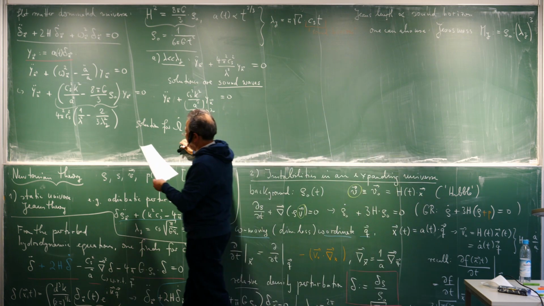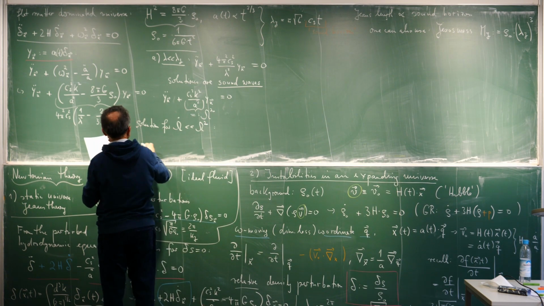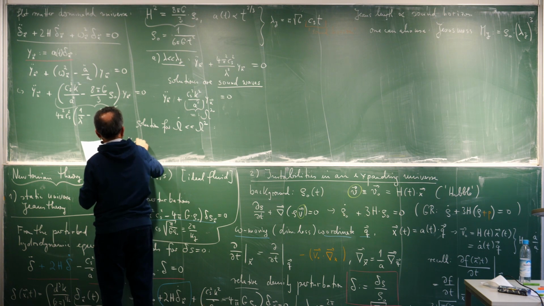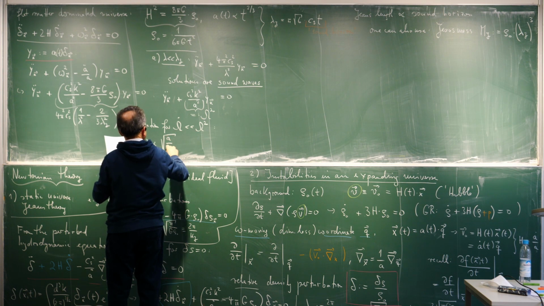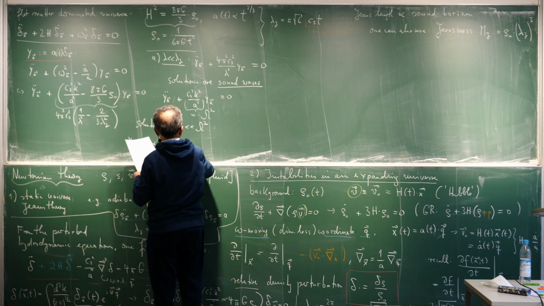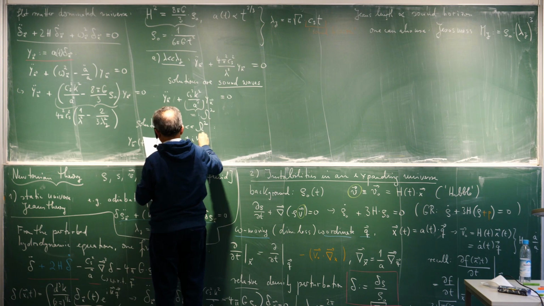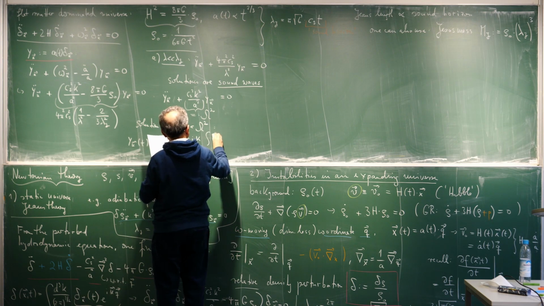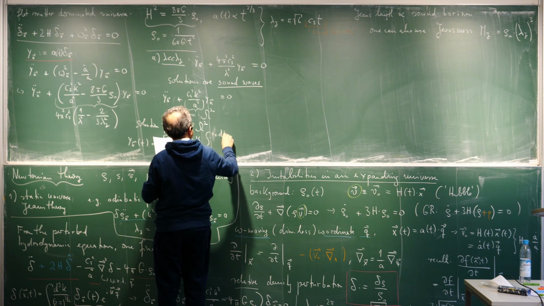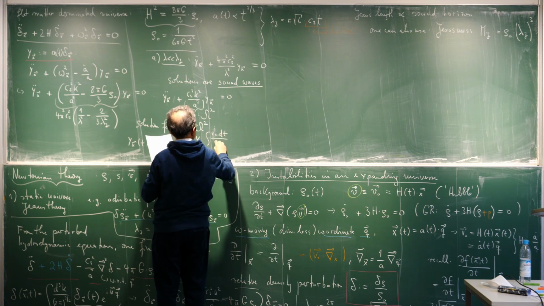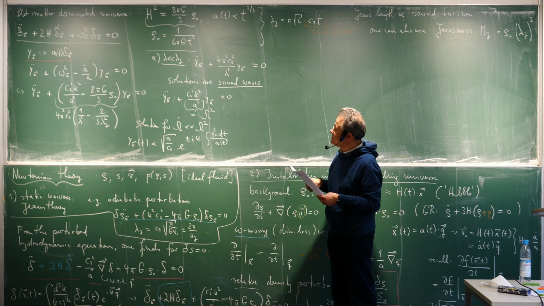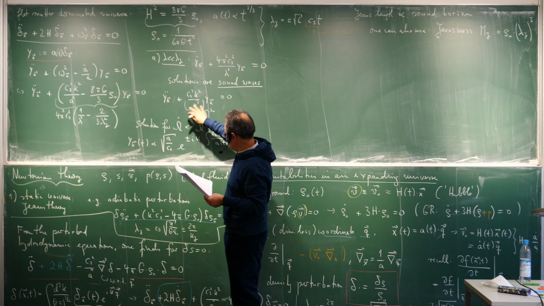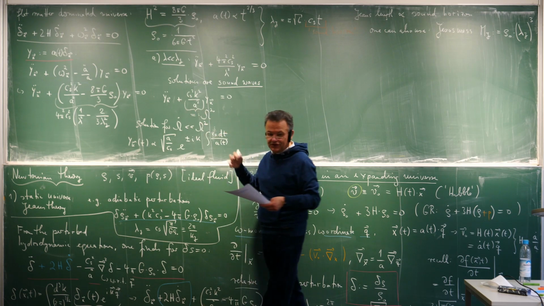You can convince yourself that the approximate solution is proportional to the square root of a over c_s times e to the plus or minus i k integral c_s dt over a of t. Of course, if a were just constant, you come back to the old situation.